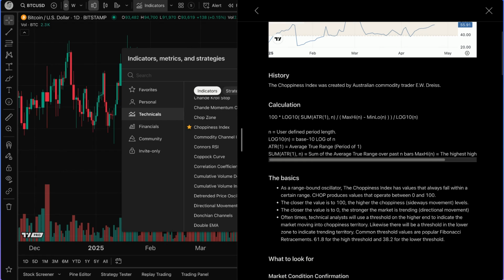How much is it moving on average over time? Is it a tight range? Is it a wide range? And then you can see there's a sum going on, the sum of the average true range over past n bars. Not to dive into this in full detail, but the indicator is attempting to determine just how choppy this symbol has been, or if it's in a trend, utilizing, for example, its average true range.